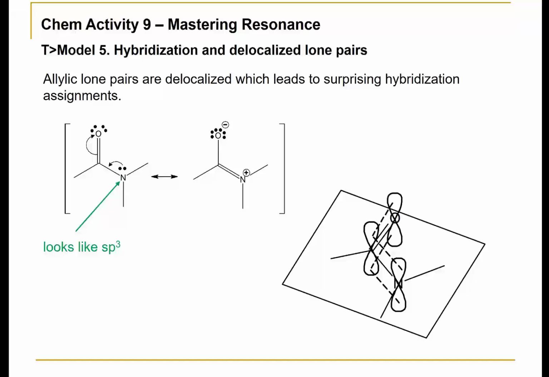So for instance, if we look at this nitrogen right here, and if we think about the steric number, it's making 1, 2, 3 sigma bonds plus a lone pair of electrons, we might think the steric number is in fact 4. And therefore this nitrogen looks like it should be sp3 hybridized and tetrahedral in structure. Well, in fact, the nitrogen is actually sp2 hybridized.